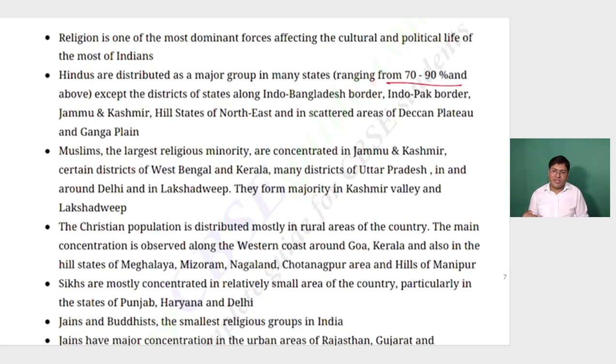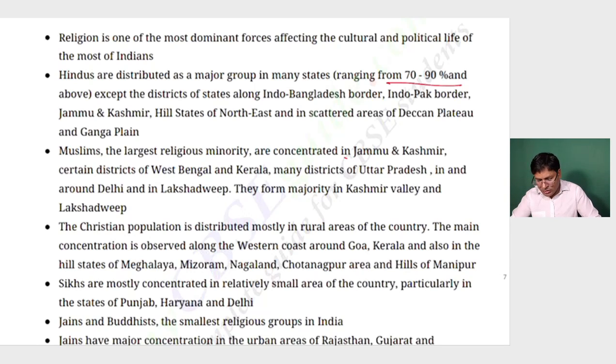And it is concentrated in Jammu and Kashmir, certain districts of West Bengal, Kerala, and many districts of Uttar Pradesh, and in and around Delhi and Lakshadweep. So these are the areas which are Muslim dominated areas, means the number of the population following the Muslim religion is larger than any other religion in these areas.